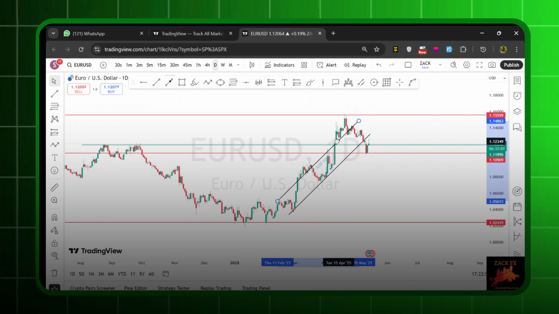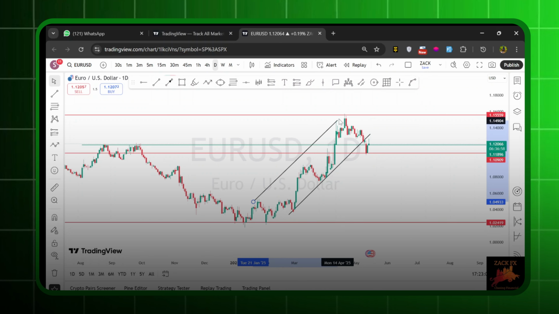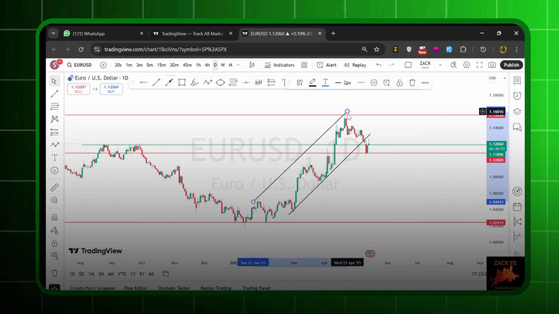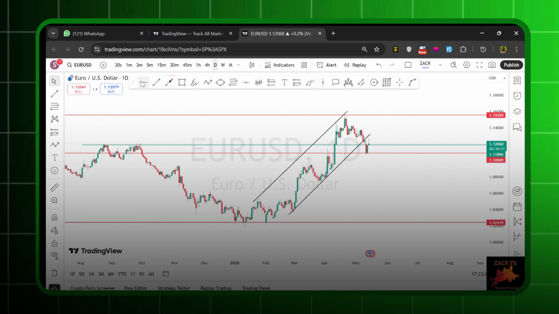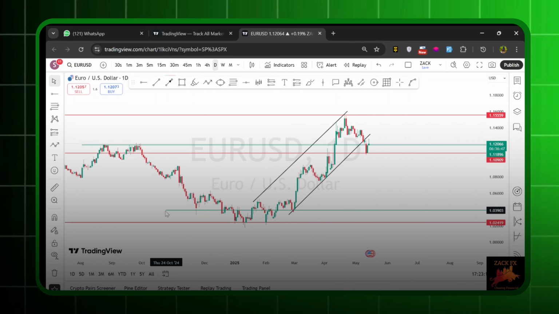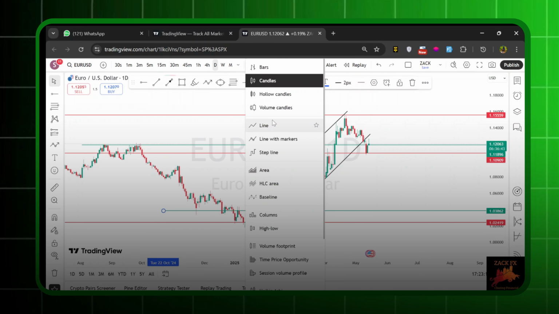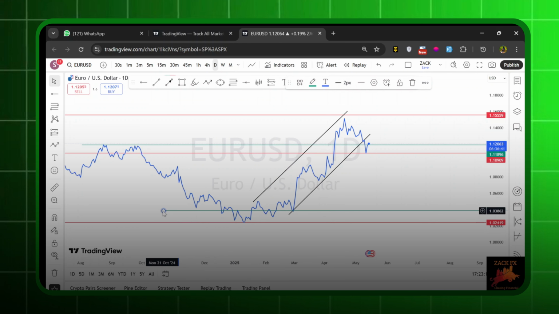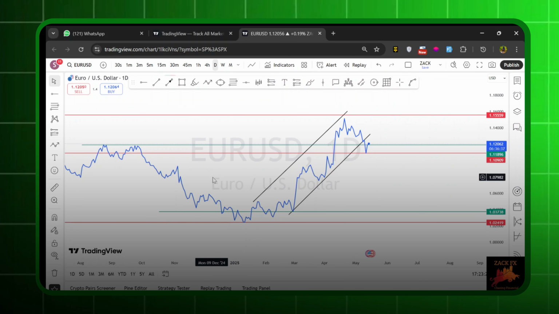So for me, looking at my current trend line, Euro USD seems to have reached the highest point and now looks like it's going to be selling. Let me use a line chart there because I can see this low clearly. Okay. Yeah, I guess that one is okay.